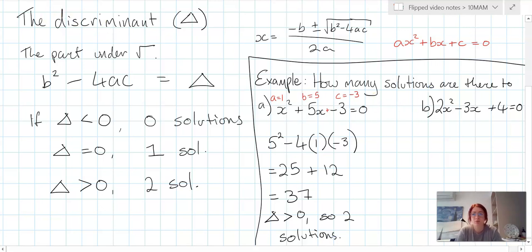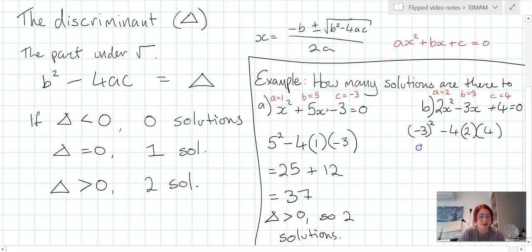Our second example, we've got a value of a of 2, b is negative 3, and c is 4. So we're going to have b squared, so negative 3 squared minus 4 times a, which is 2, times c, which is 4.